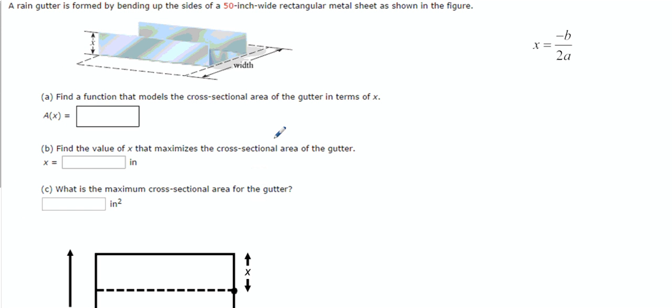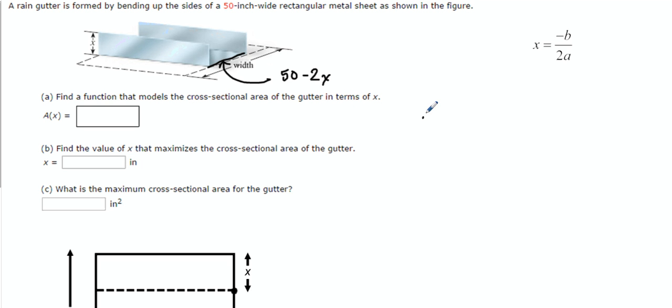So this distance right here, this width, is equal to 50 minus 2x.